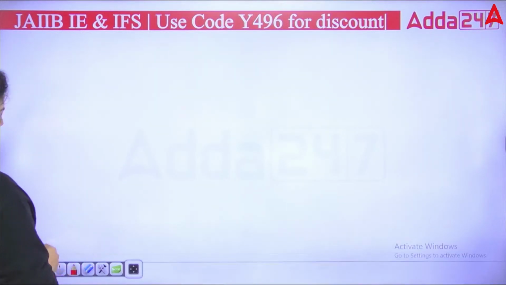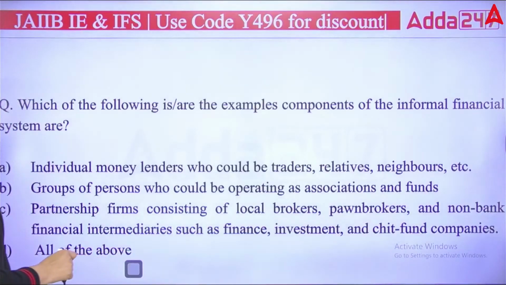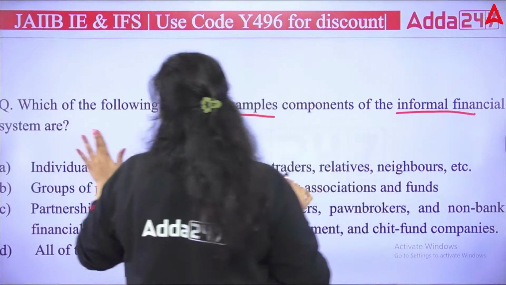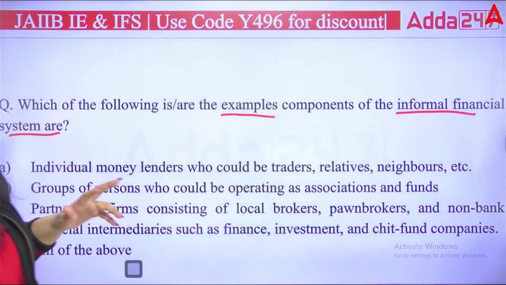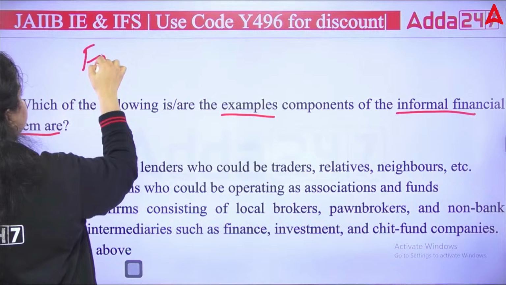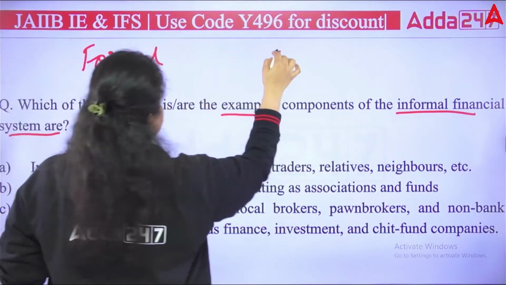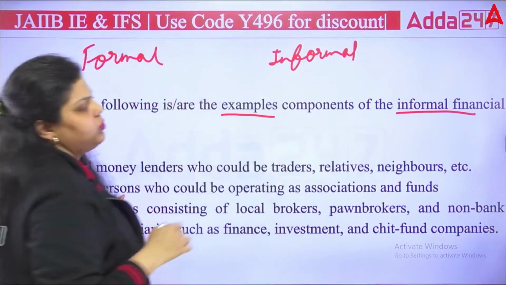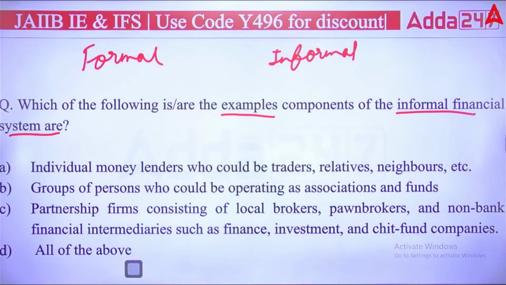Next question. Next we have here, which of the following are the examples of components of the informal financial system? So we know the financial system is of 2 types. First is formal, second is informal. The formal financial system is the one in which rules, regulations, restrictions, and a regulatory body will be there, and informal is where there is no regulatory body, no rules and regulations, no terms and conditions.